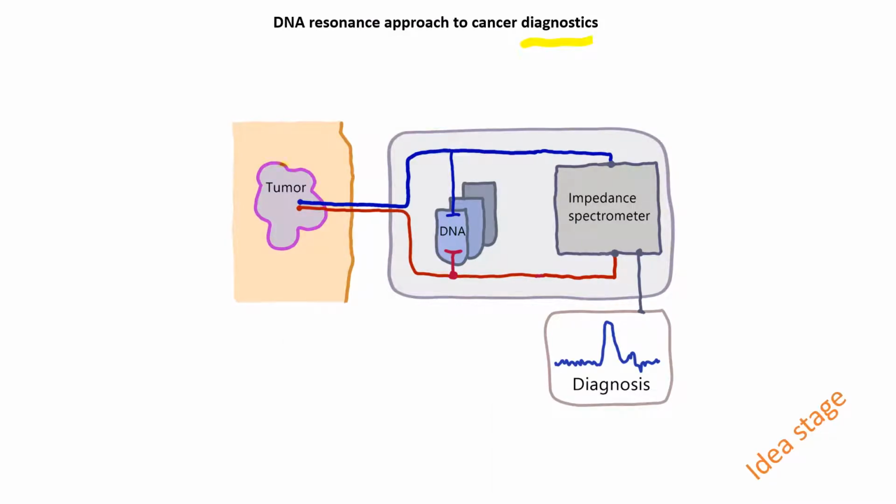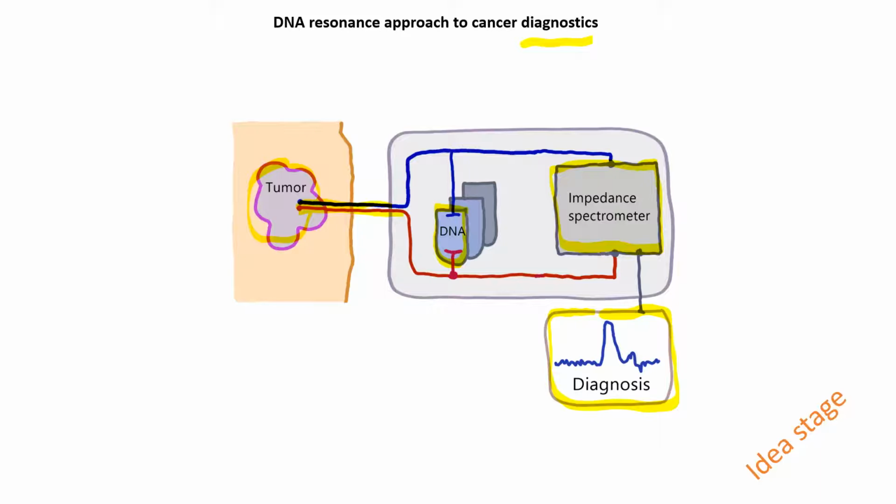In a tumor, thin wires are inserted, and an impedance spectrometer measures the impedance spectrum. For enhancement of the spectrum, purified synthetic short DNA sequences are used in the circuit to amplify the signal relative to a specific reference.